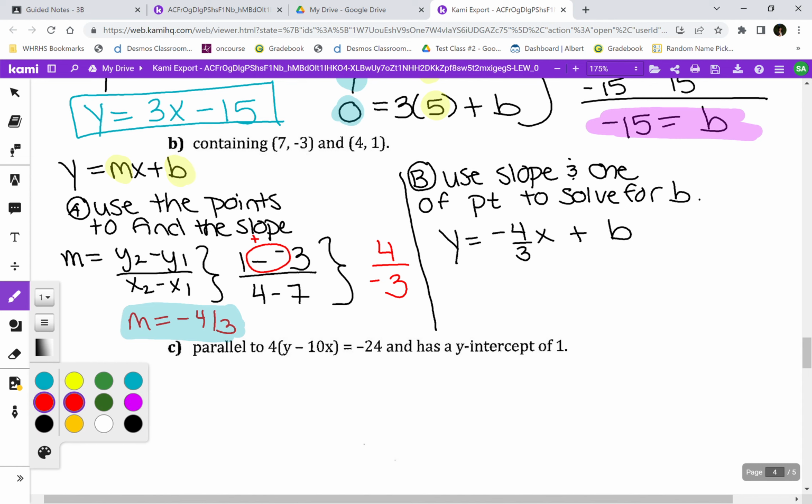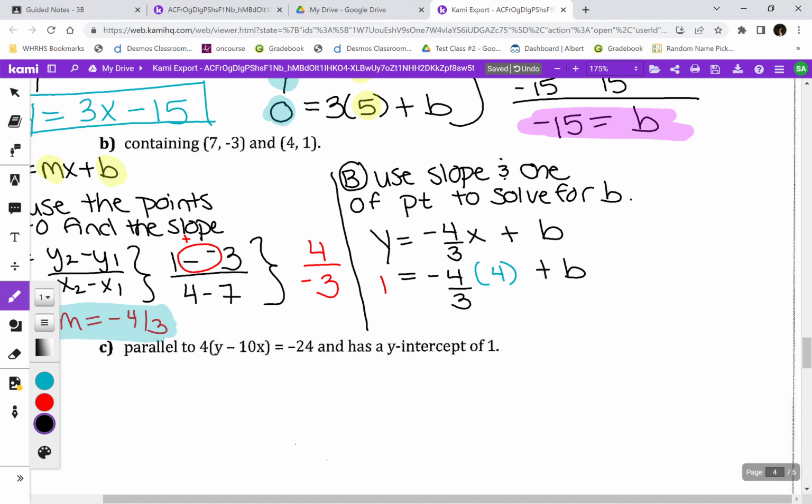So now I'm going to have 1 is equal to negative 4 over 3 times 4 plus b. All right, it's not going to be a pretty number.